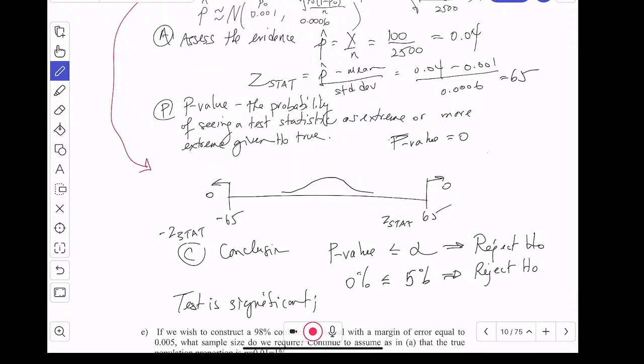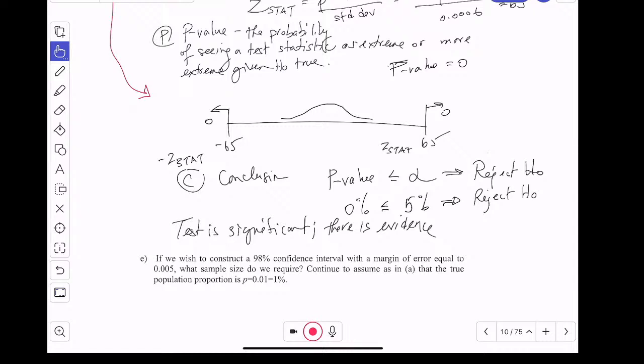and that there's evidence that the public health officials are wrong. I'm saying it in the simplest terms.